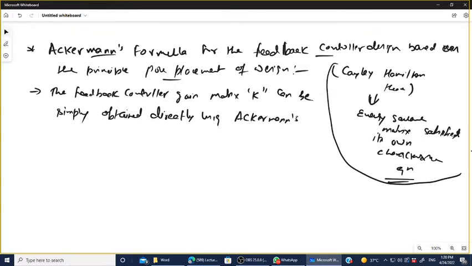So this avoids the complexity. Now let us start the theory of how the formula is developed.